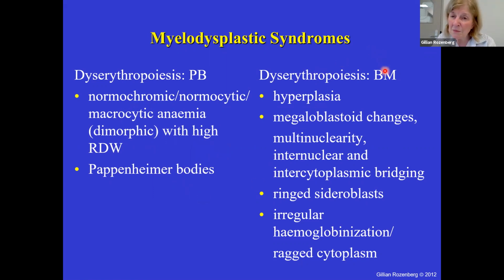Then when we look at the bone marrow, we talk about dyserythropoiesis in the marrow, so we can see hyperplasia. We see megaloblastoid changes. I'll just explain the megaloblastoid. They're the changes that you see in megaloblastic anemia.